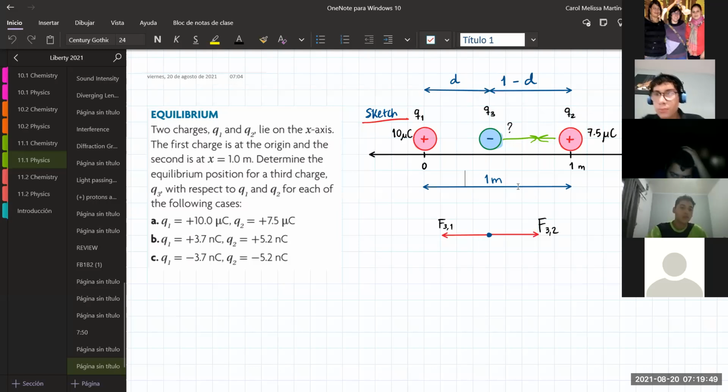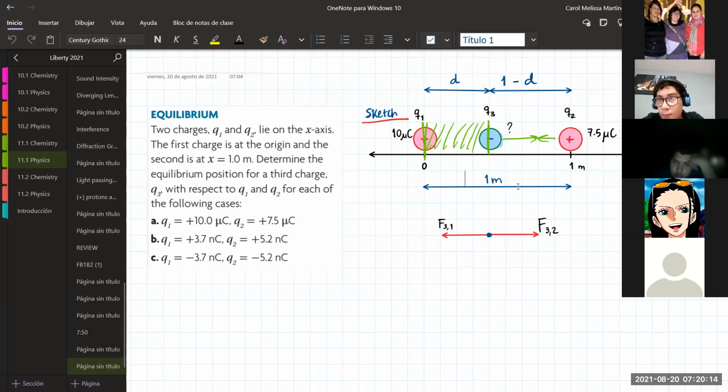Now, what is the distance that I have between Q3 and Q1? What is my distance? We don't know it.